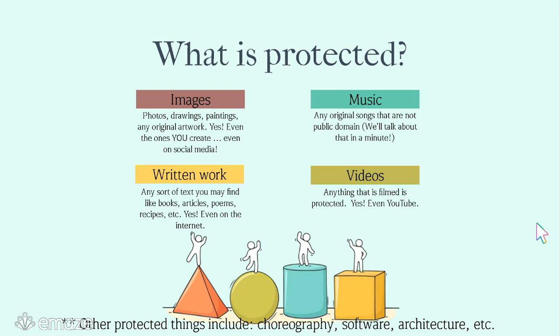Music's created. Any original songs that are not in the public domain, we're going to talk about that in just a minute, those things are protected as created items. Written works, any sort of text you could find, like books, articles, poems, graphic novels, comics, recipes, and the list goes on and on. And yes, even things that are on the internet.